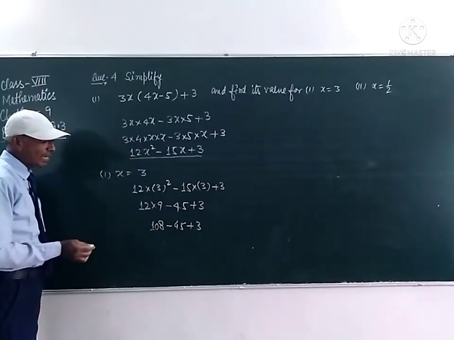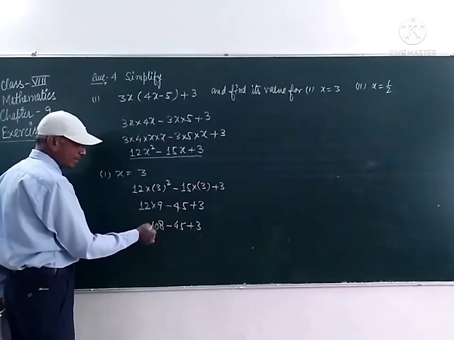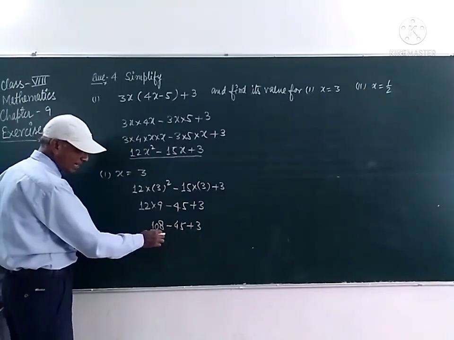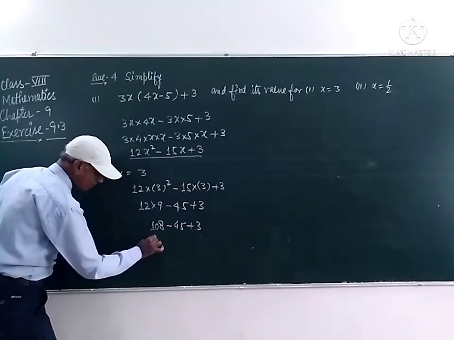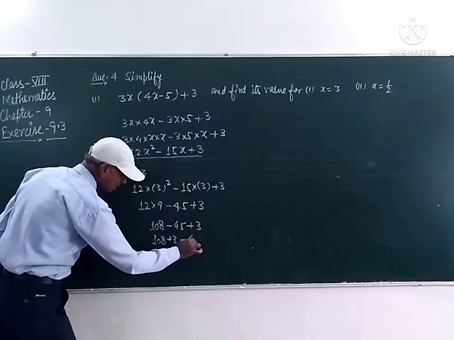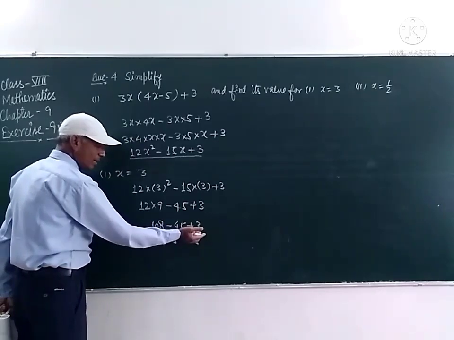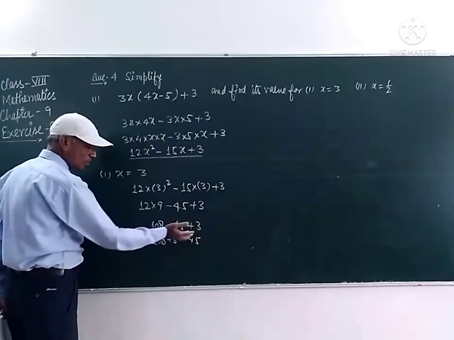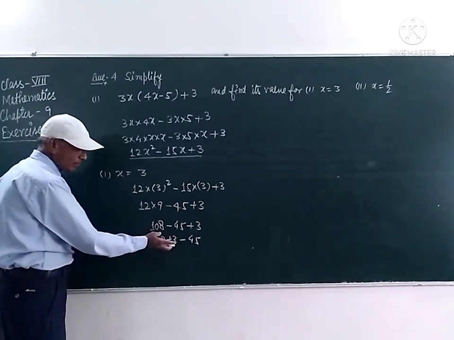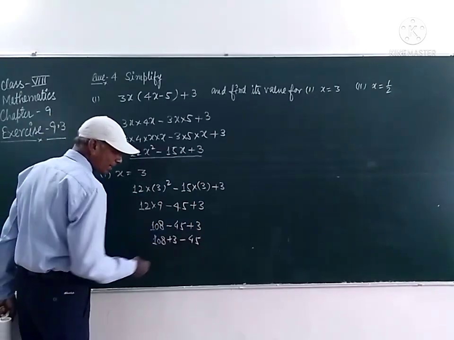Remember, students, we have to add the numbers, those are the positive numbers. So 108 plus 3, this one 108 plus 3 minus 45. Clear, student? Numbers which are positive, we have to take those positive numbers with each other on one side of the expression and the negative number on the other side.